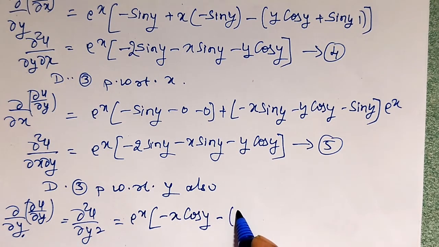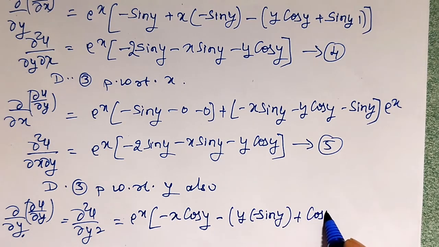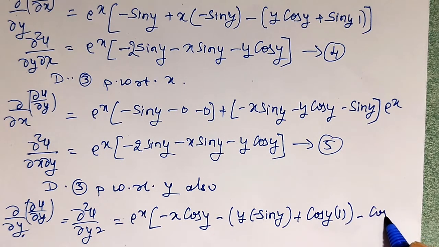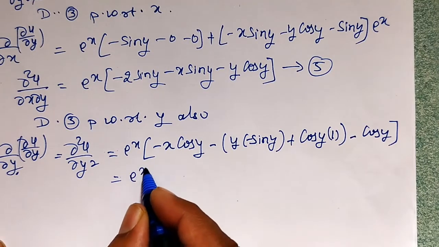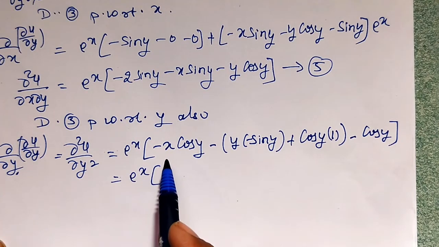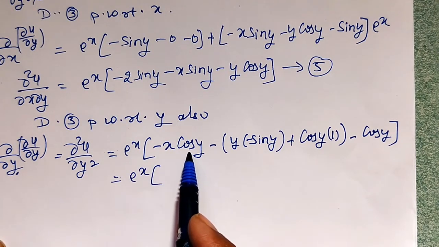Again product rule: y into minus sin y, plus cos y into differentiation of y, which is 1, minus differentiation of sin y, which is cos y. Simplify this. What we are going to get is e raised to x into minus x cos y, only one term is there.